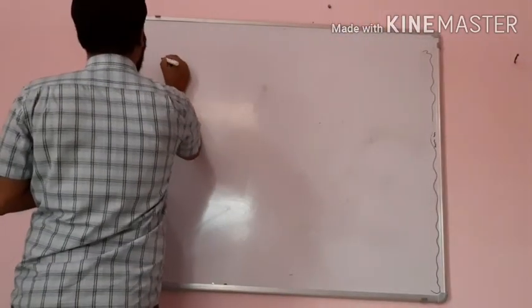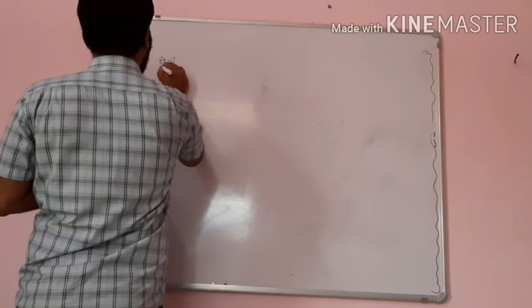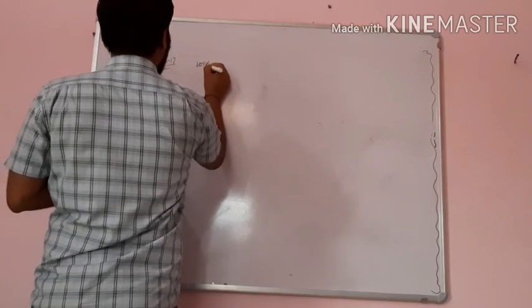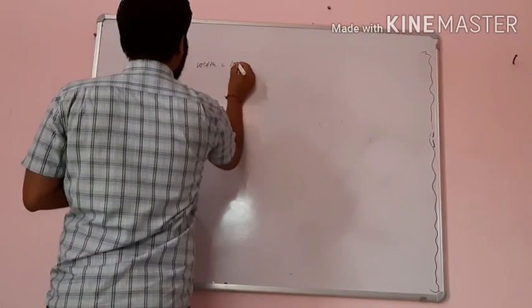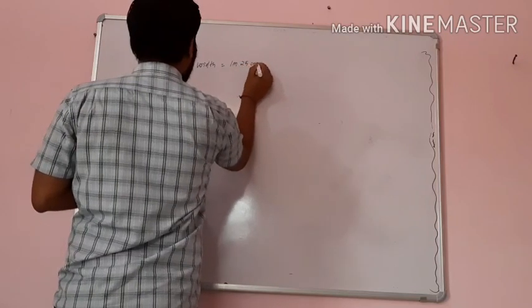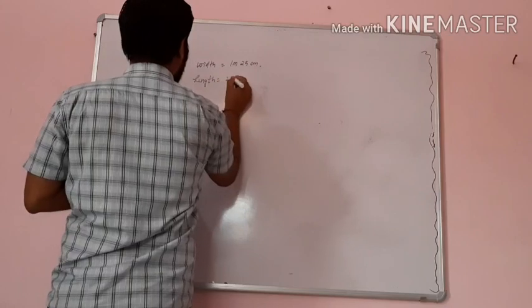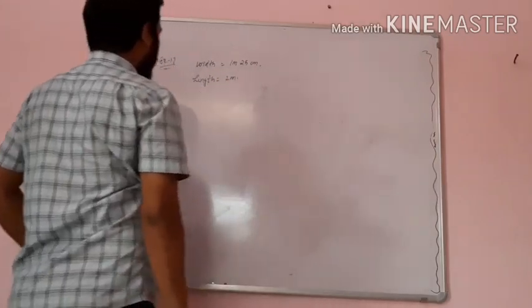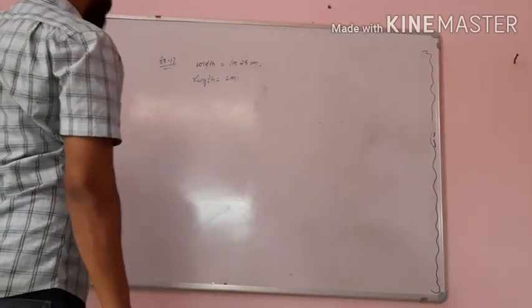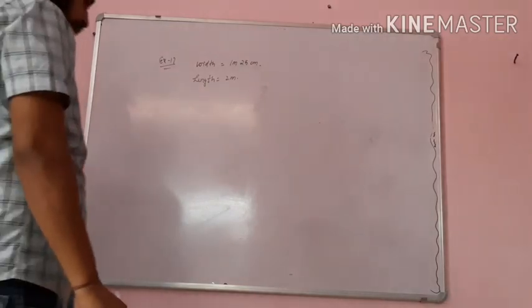See, in example number 17, the width is 1 meter 25 centimeter and the length is 2 meter. We have to find the area in meter square.